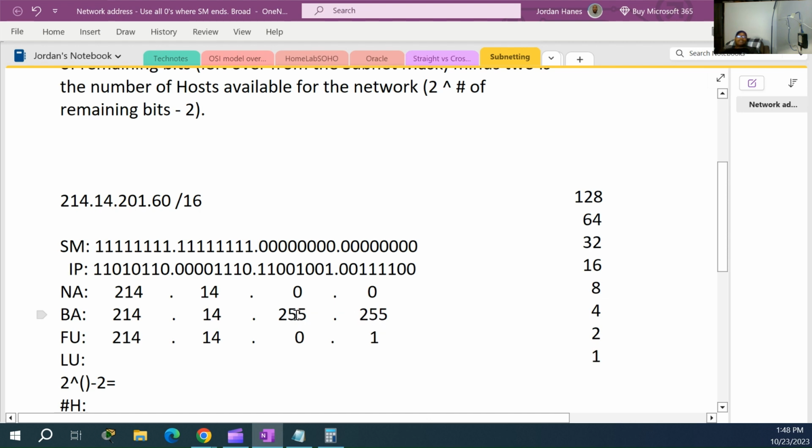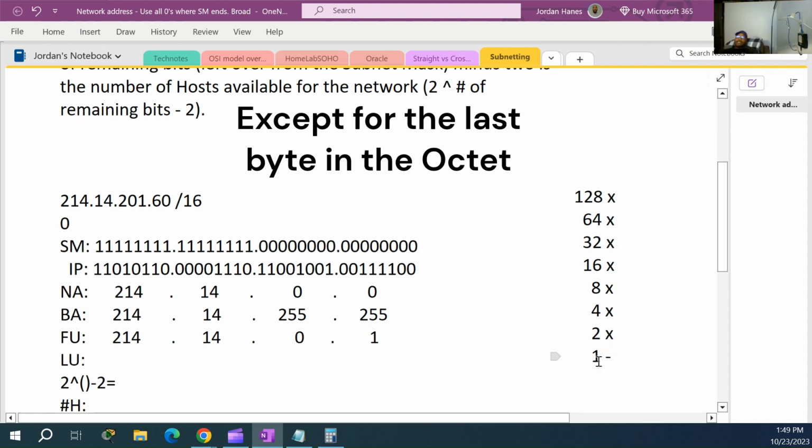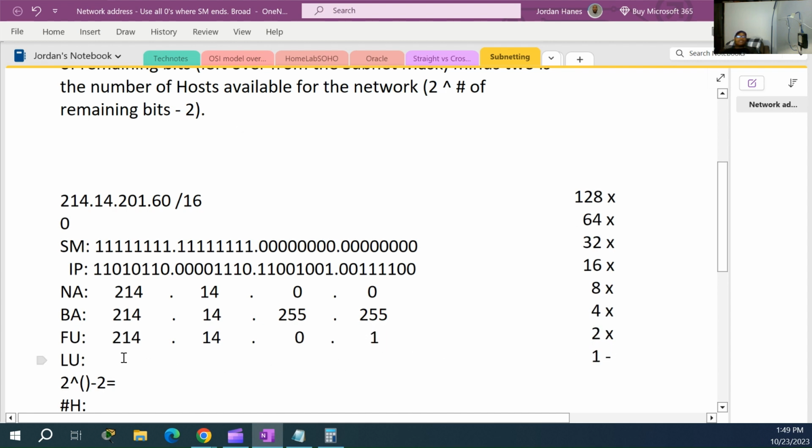And it's going to be 214.14.255.254, because what that looks like in binary is the octet with all the numbers chosen within the octet, except for the last octet or the usable host here. So that's going to be 214. 14.